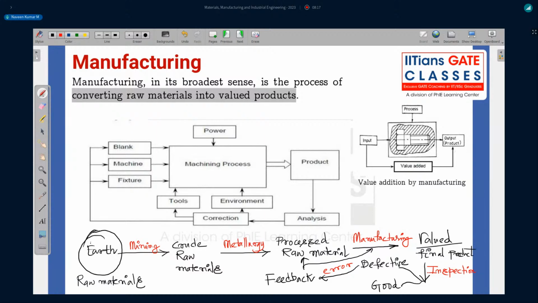Okay. So the same thing we can see in this diagram as well, right? So what can you see here? First, there is a blank. So this one is called raw material.